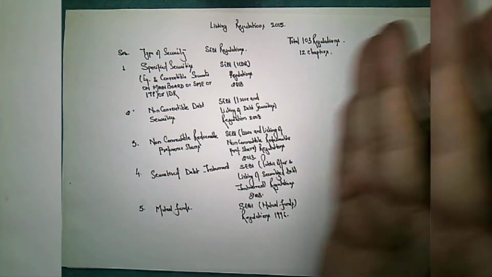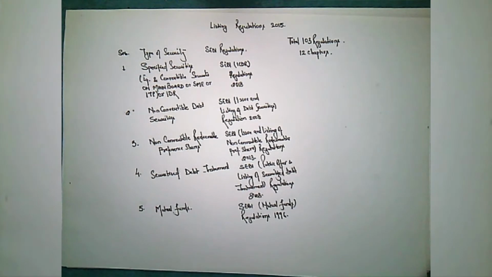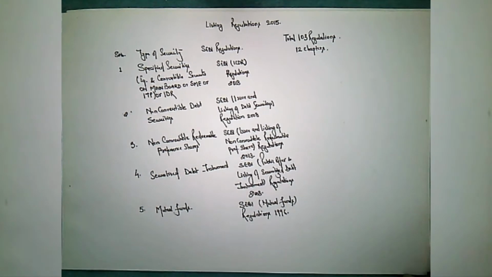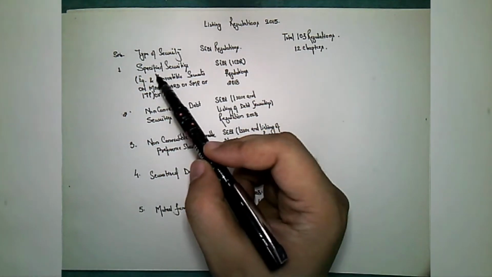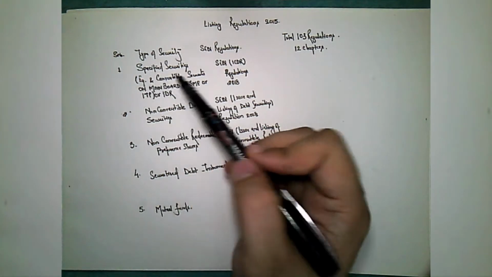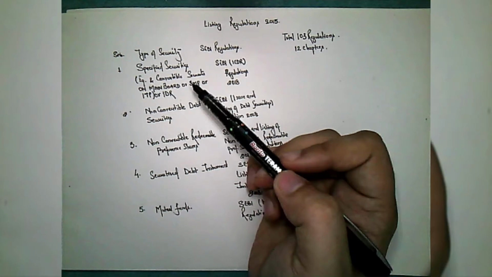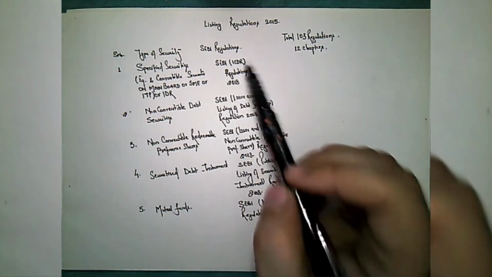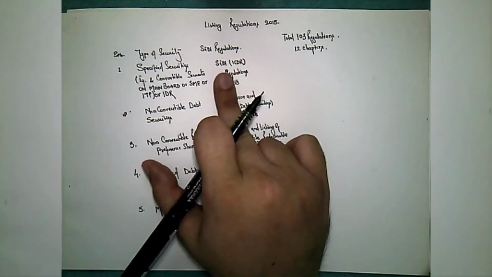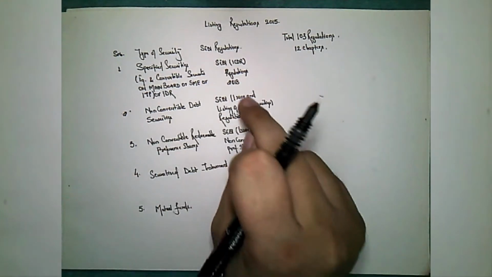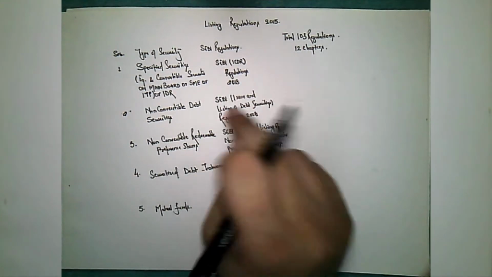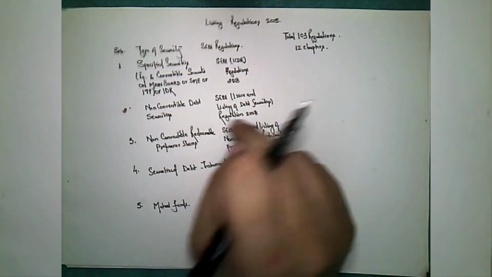Apart from LODR, these are the legal compliances issued by SEBI, which are required to be complied along with the LODR regulations. So any kind of specified securities, equity convertible securities on main board, SME or IDR has to be complied as per the SEBI ICDR regulation. Non-convertible debt security, SEBI issue of listing debt security regulation 2008.